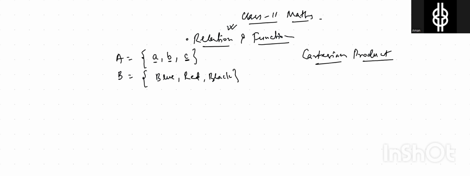It's written like this, A cross B, and it tells you that each and every member of set A is related to each and every member of set B.